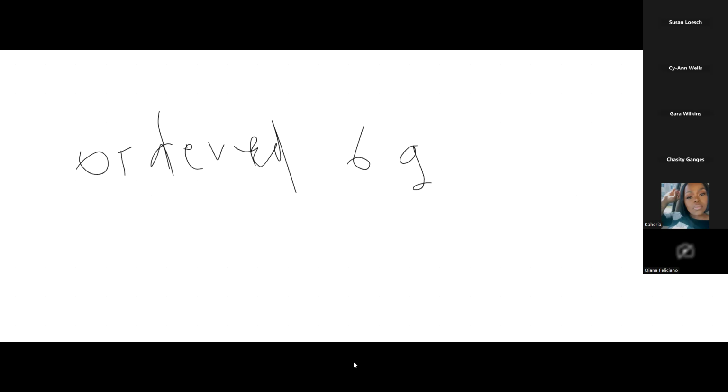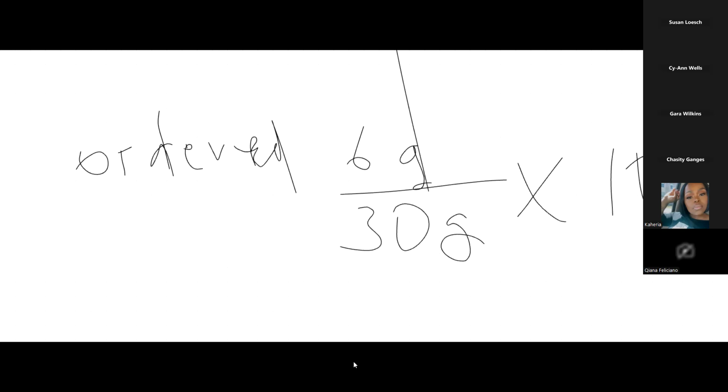This is just our vehicle. So now you're just doing the math there. Your 6 divided by 30 times 1,000. They're both in grams, so grams is going to cross out. And that gives us a rate of 200.